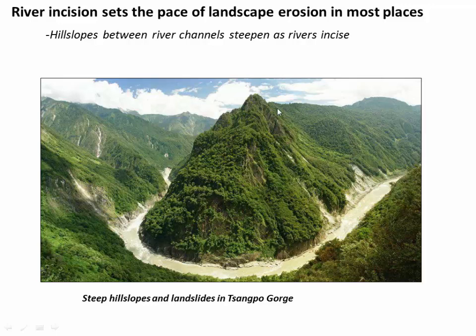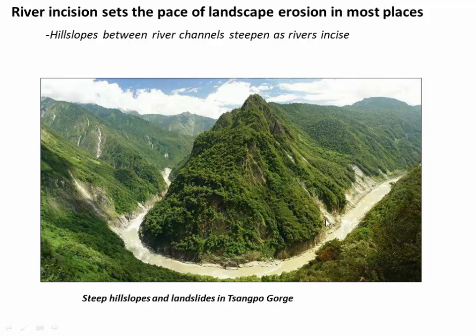Especially if we consider the idea that the ridge line is not eroding nearly as fast as the river bottom. The ridge line is kind of moving at a very slow pace of erosion, whereas the river bottom is being eroded incredibly quickly due to this violent river in its bottom. So as the valley goes deeper, the ridge line stays stable, the intervening hill slopes become much, much steeper.